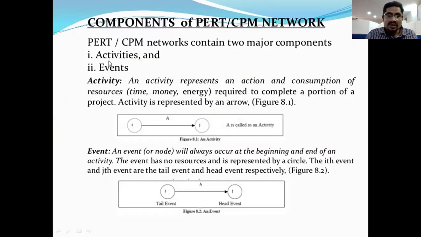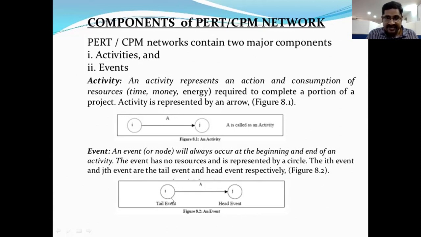So up to now, activities and events. Activities means this arrow indicates the activity. Event means the beginning and the end of the activity.